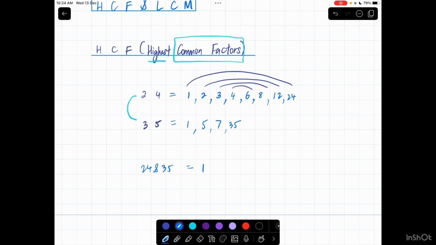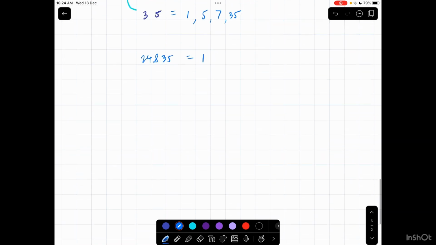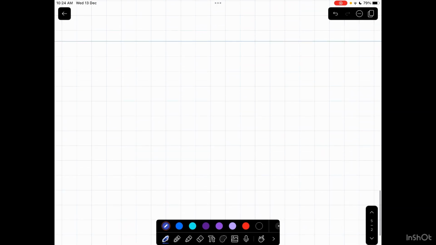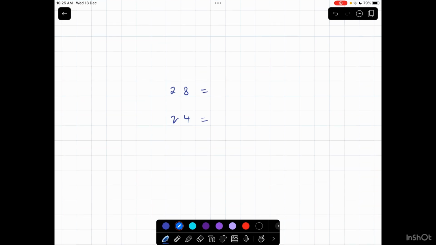This might not be the perfect example, so let me give you another one. Let's take, for example, 28 and 24. So for 28, let's begin. The same concept applies. The first step, list out all the factors.